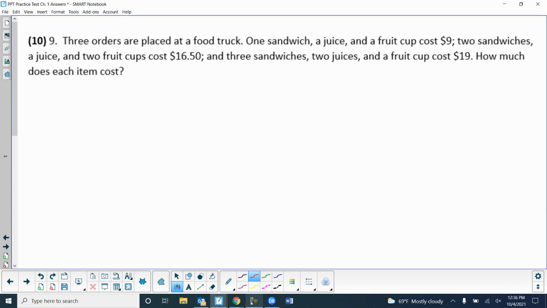All right, so what am I looking for here? 3 orders, right? So I need a 3 by 3. All right, so I just used S for sandwich. So 1 sandwich, a juice means 1 juice, right? And a fruit cup means 1 fruit cup. Oops, I need an F for fruit cup, right? Was $9. Pretty easy to write that equation in.